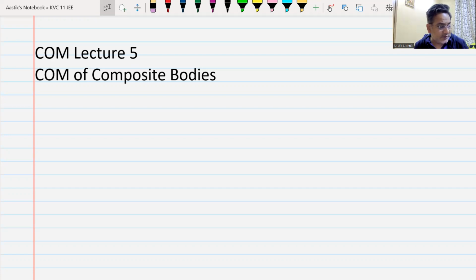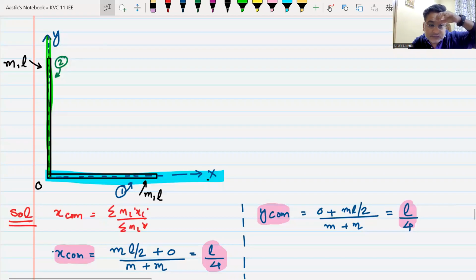In the last lecture, we had seen how we can find out the center of mass of composite bodies. Do we remember it? How do we find out the center of mass of composite bodies? We had to break the body into different types of simple bodies, two rods.